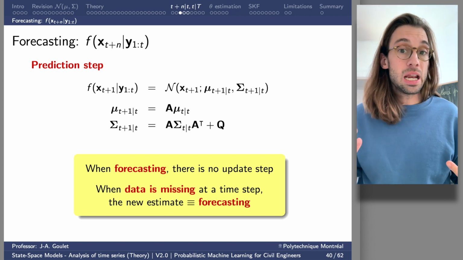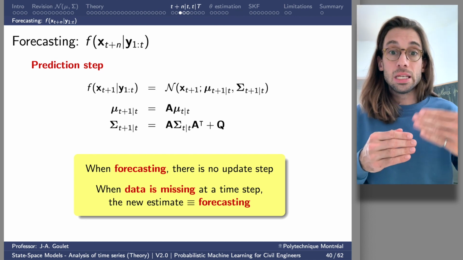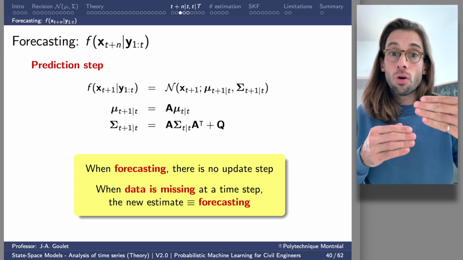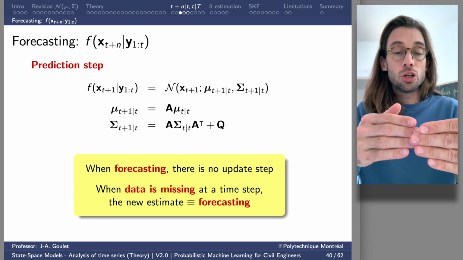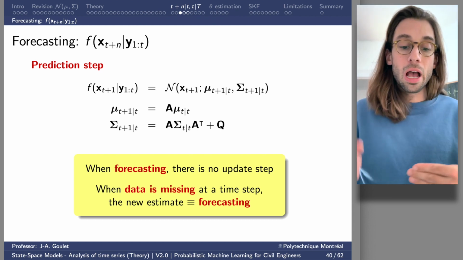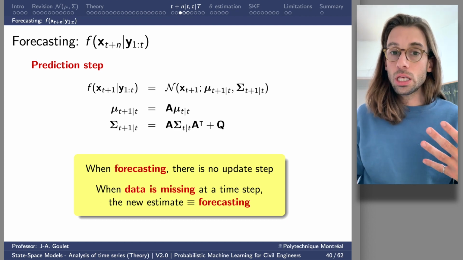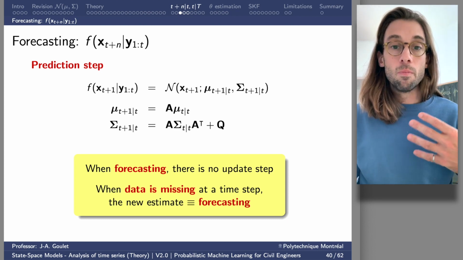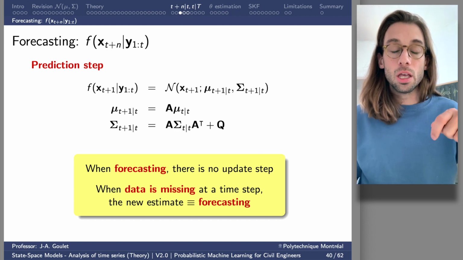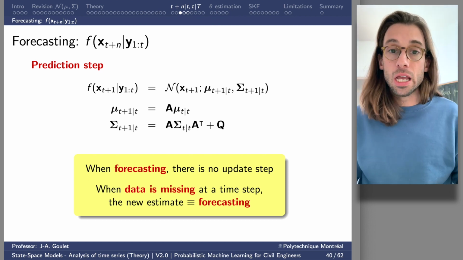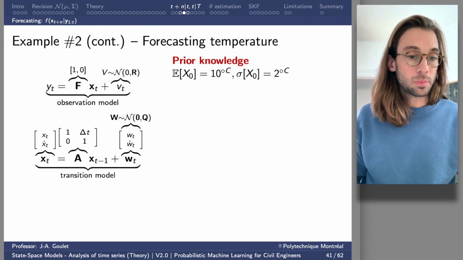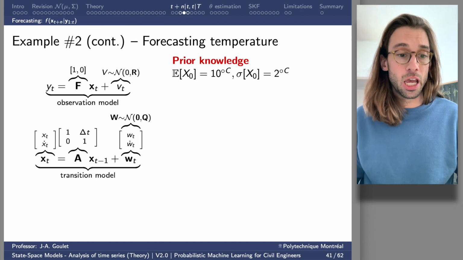What you would do instead is just treat the missing data as a forecast. You predict that value, you don't do any update, and you carry on until you have data. So intrinsically with the state space model, missing data is simply considered as a forecast step. You predict forward without updating using the Kalman filter. Very convenient for practical applications.